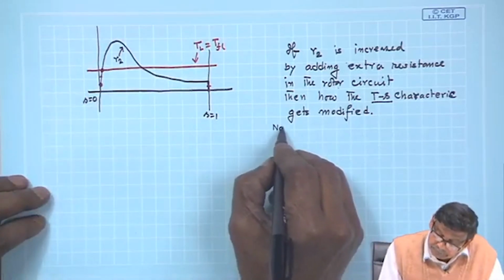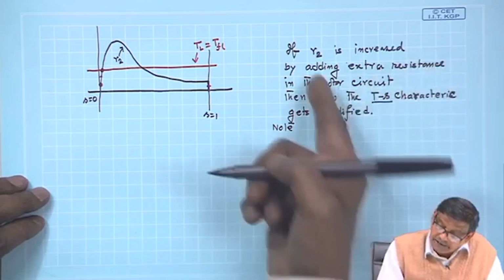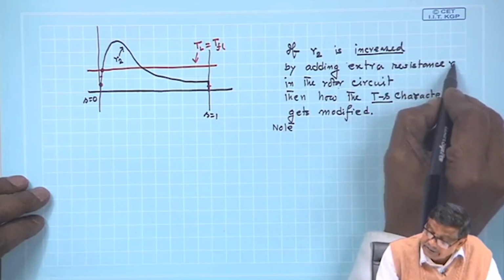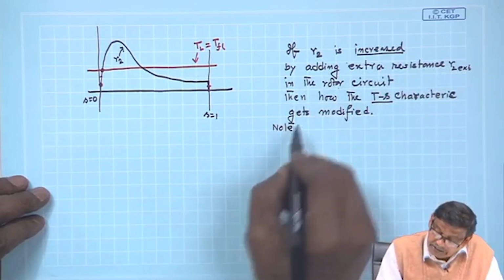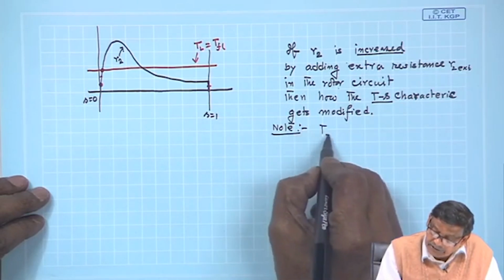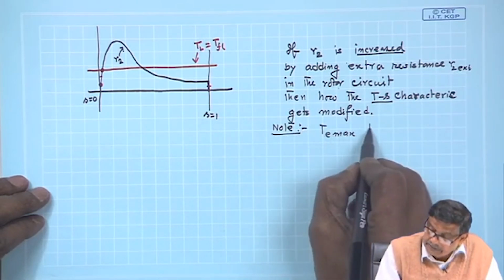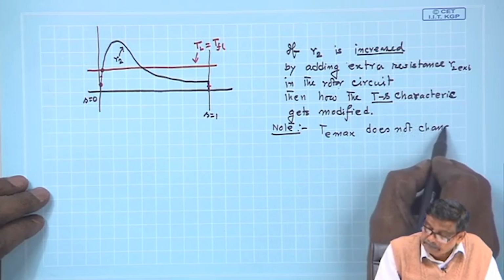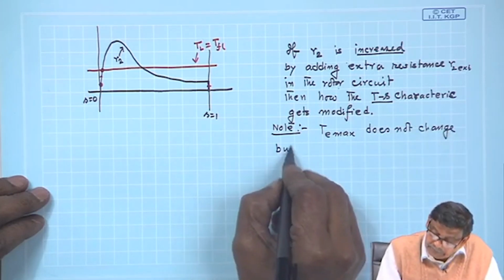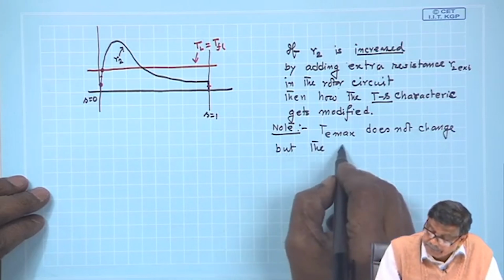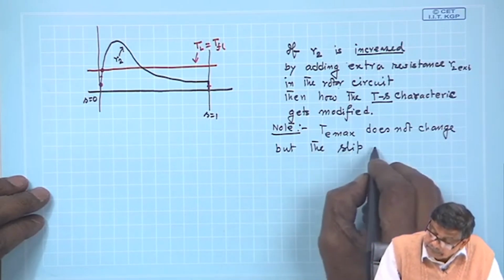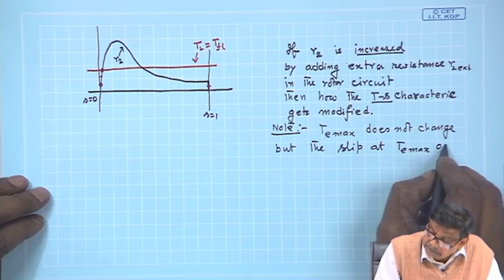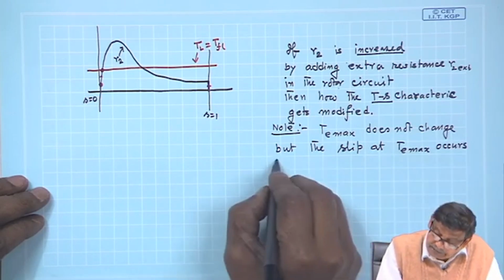Note, if you increase R2 by connecting external resistance, say R2 external, I will say T max does not change, T max does not change. But this slip at which T max occurs, that changes.